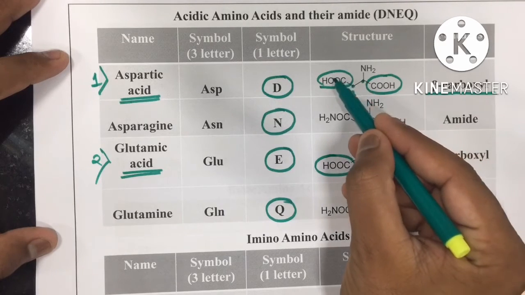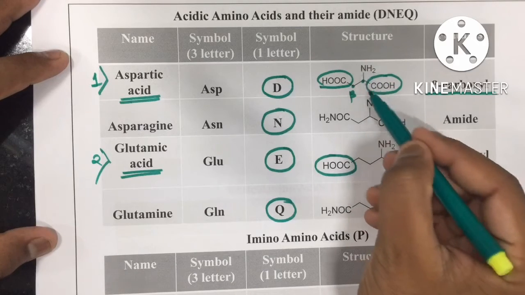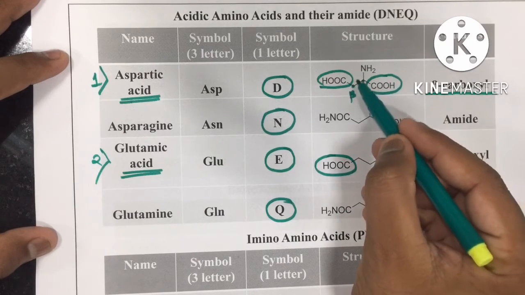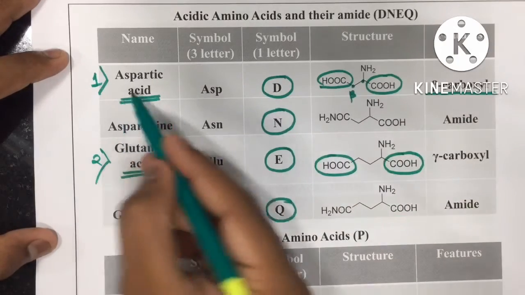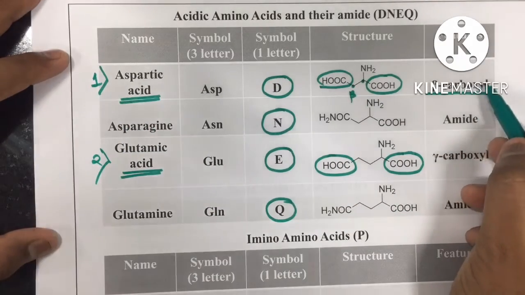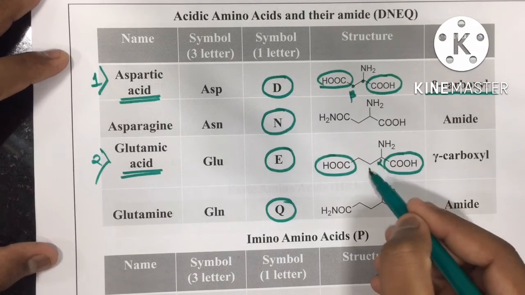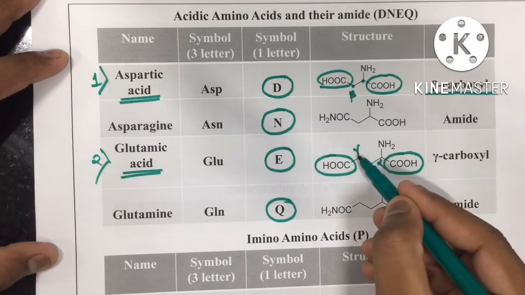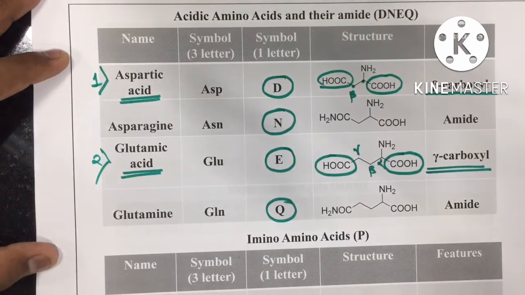The basic structure of an amino acid is NH2 and COOH, but in addition, at the beta position one more carboxyl group is there, so that's why aspartic acid has a beta carboxyl. Similarly in glutamic acid, here is the alpha, beta and gamma. At the gamma position a carboxyl group is there, so that's why it is a gamma carboxyl. So that is the basic difference between aspartic acid and glutamic acid.